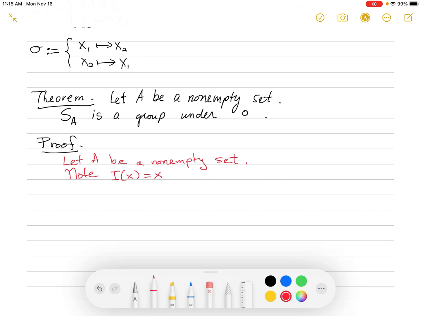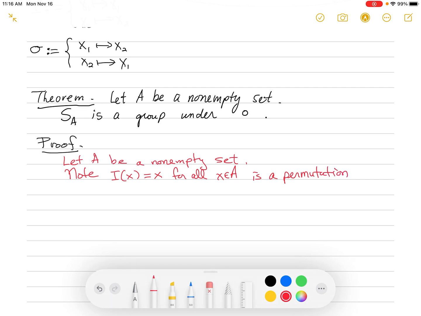Let me write it this way. I of x equals x for all x is a permutation, right? The identity function, it sends each element to itself, right? It sends x to x, is a permutation, right?